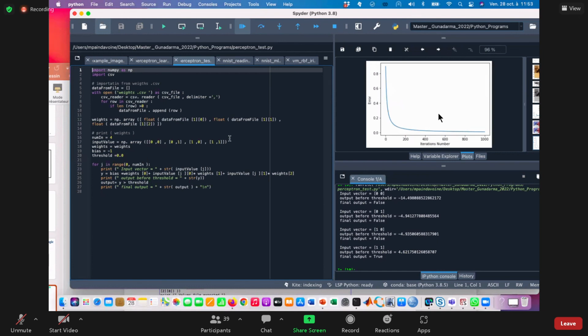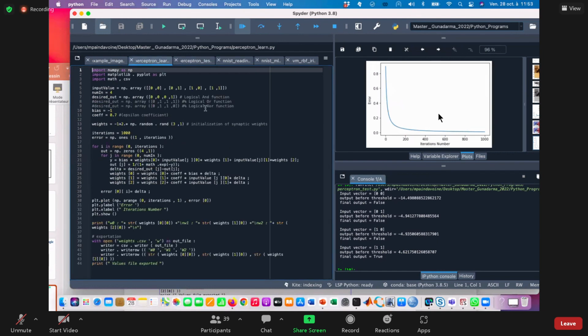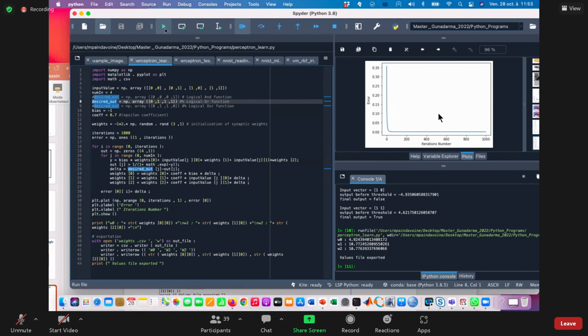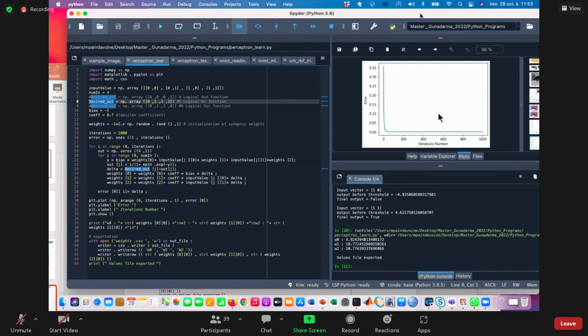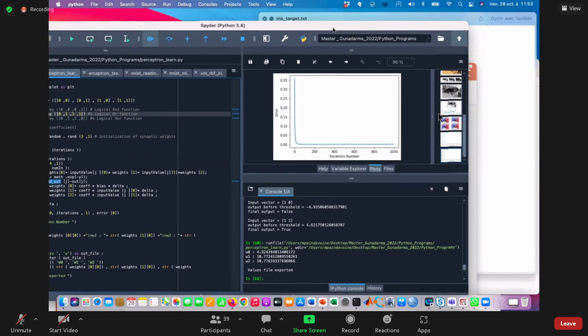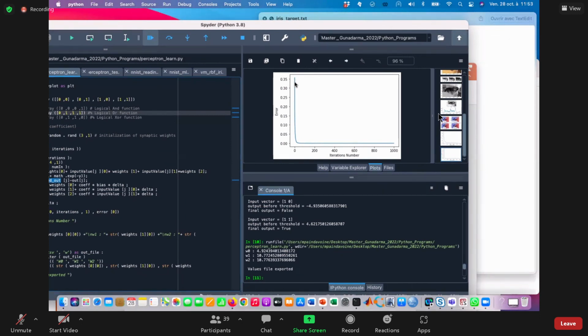Let's continue now to the OR function. So I have to comment this line here. Now I come back to my learning program. Okay. So now I would like to learn the OR function. As you can see, the values are different now, and with the error curve we can see that the convergence is faster.